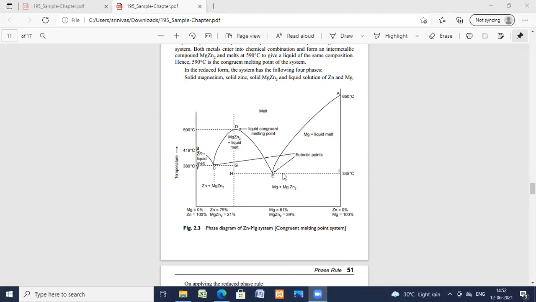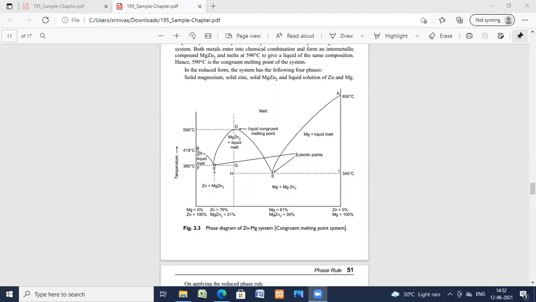So phases are 3, components C are 2, and F is equal to C minus P plus 1. F is equal to 2 minus 3 plus 1, F is equal to 0. So the system is invariant at point E. Now similarly at point C, zinc solid is in equilibrium with magnesium zinc, which is in equilibrium with solution.